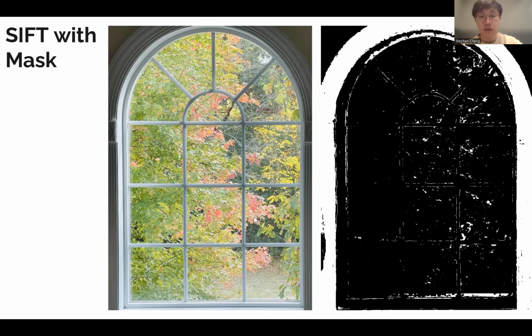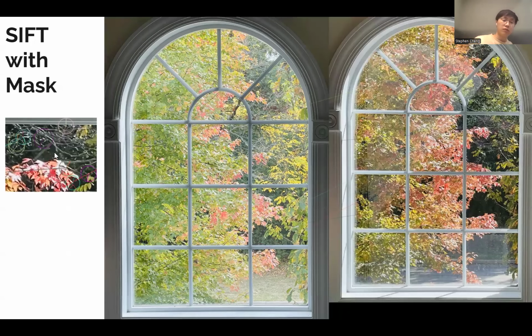Thus, it would mask out colors like red or green, but it would leave in colors like white and gray. However, these image pixels were gray for the trees in certain areas, so the SIFT algorithm just calculated those to be the key points, and SIFT with a mask did not work either.